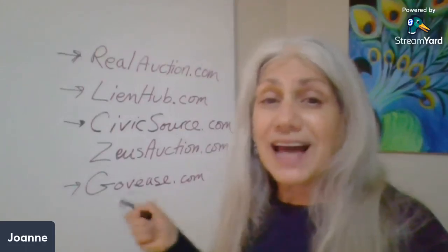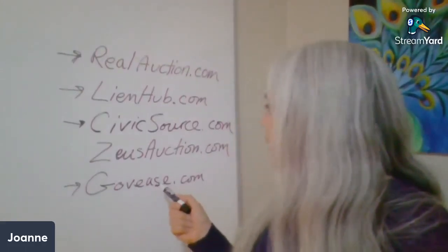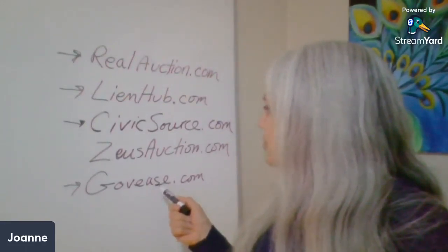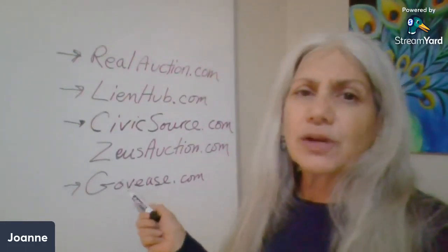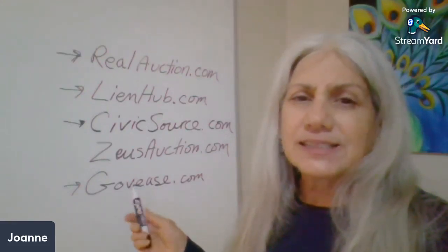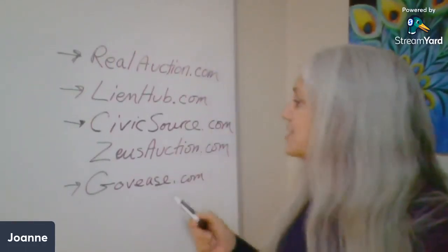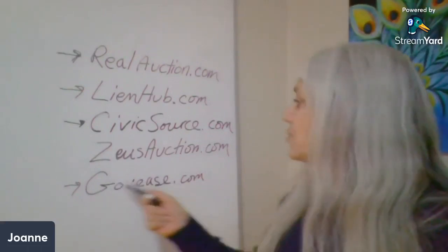GovEase does all of the Alabama tax lien sales that are online. They also do one of the Arizona counties and, no, they do a few of the Colorado counties. They do one of the Indiana counties. Okay, so Cochise County, Arizona, that's the only one on GovEase.